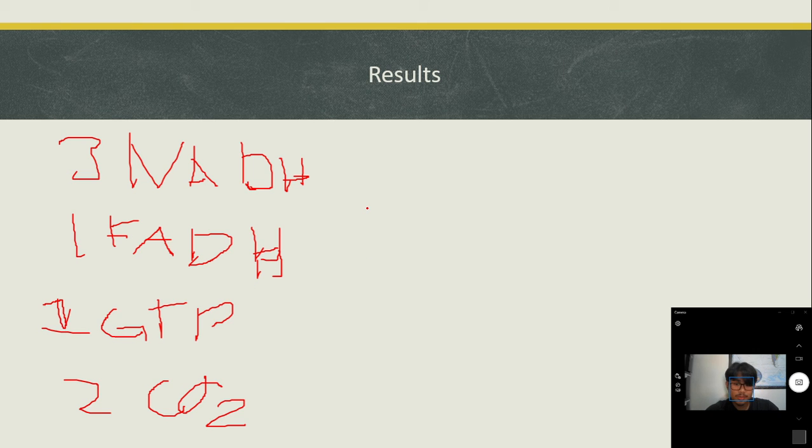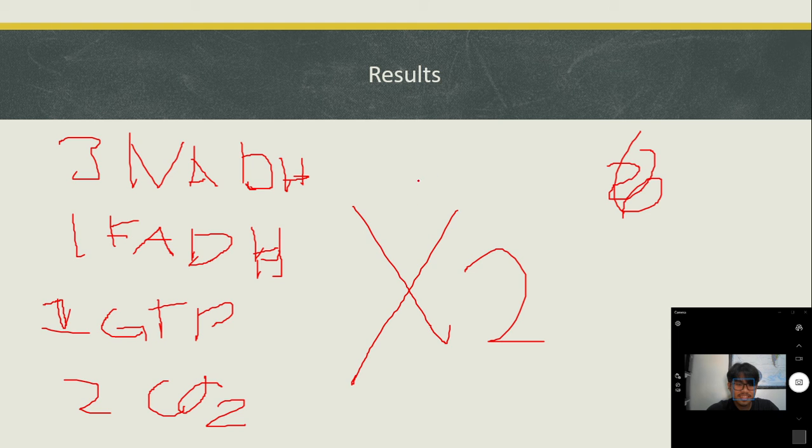Because glucose is split into 2 pyruvate compounds, for each molecule of glucose, the cycle runs twice. So we need to times it by 2. So the result, we have 6 NADH, 2 FADH2, 2 GTP, and 4 CO2.